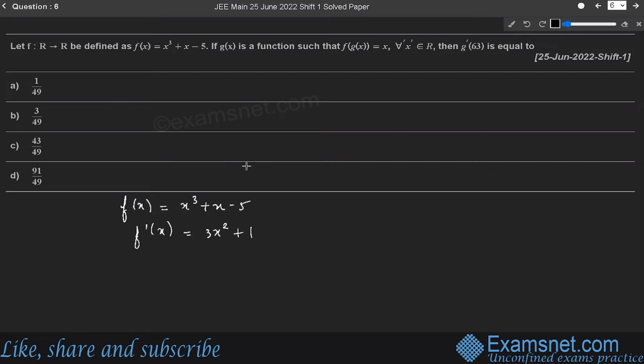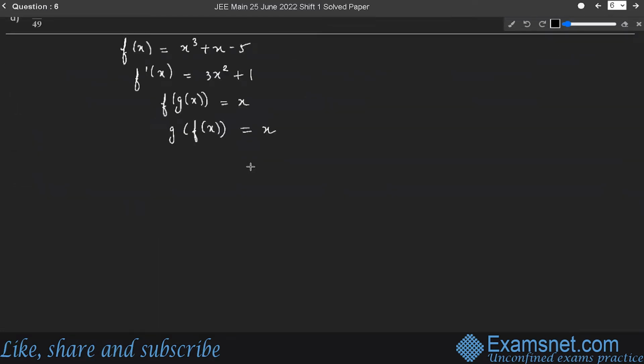It is clear that f is a bijective function, and it is given that f of g of x will be equal to x. It means that g of x is inverse of f of x. So we can write that g of f of x will be also equal to x. Now, g dash of f of x will be multiplied by f dash x and it will be equal to 1.